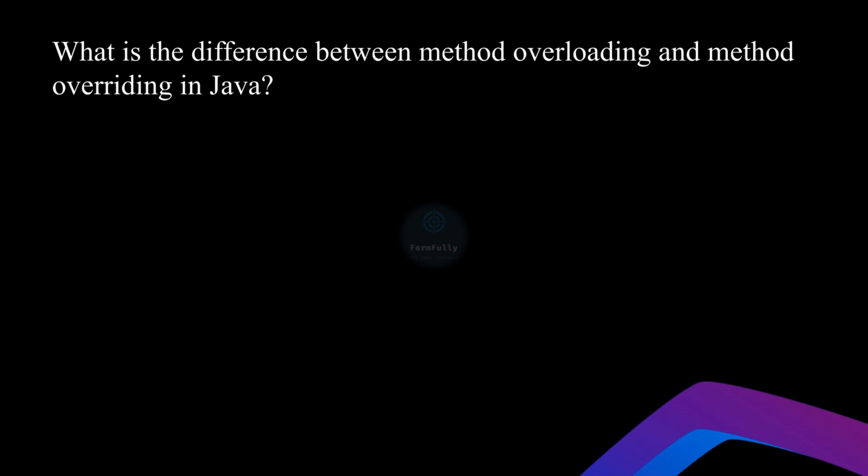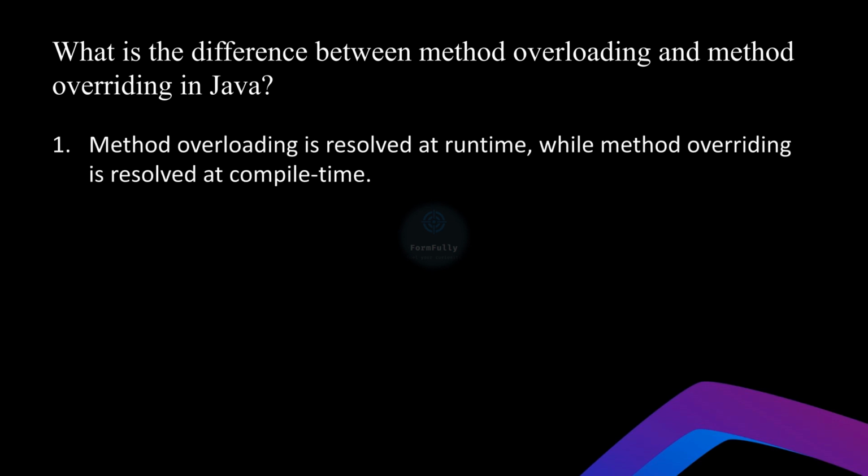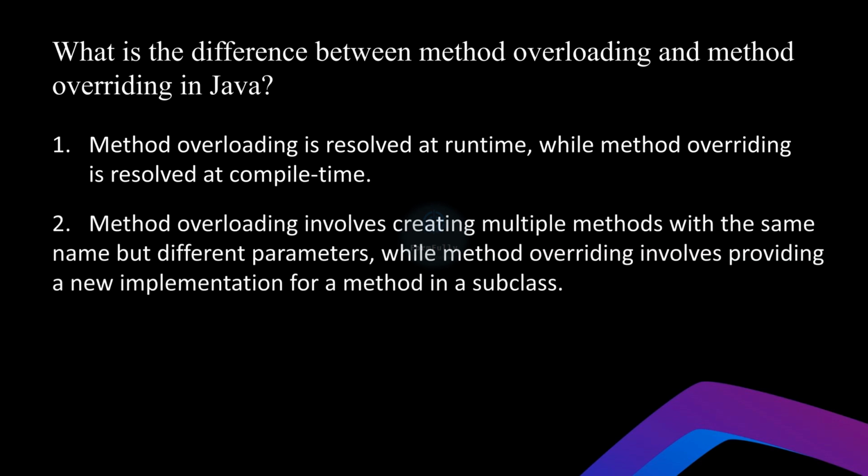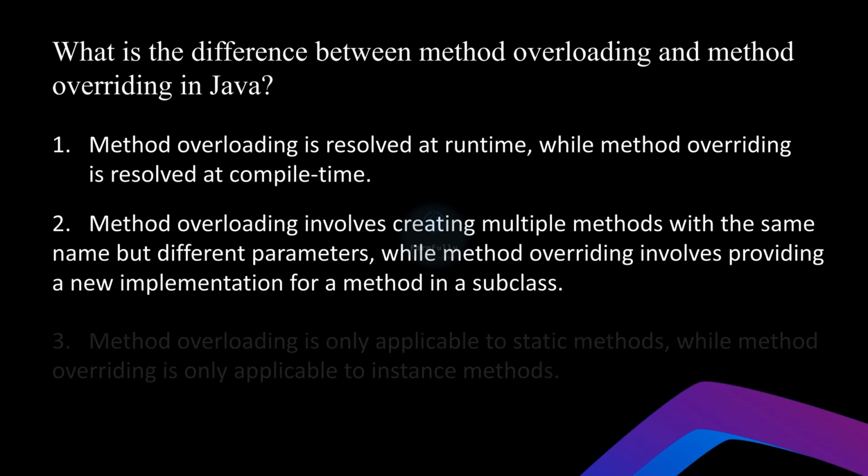What is the difference between method overloading and method overriding in Java? Options: method overloading is resolved at runtime, while method overriding is resolved at compile time. Method overloading involves creating multiple methods with the same name but different parameters, while method overriding involves providing a new implementation for a method in a subclass.